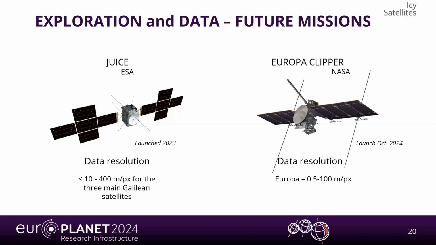So it is optimal to have updated and high-resolution data to perform multi-scale analysis, so as to integrate the future data with what we already have from Voyager and Galileo.